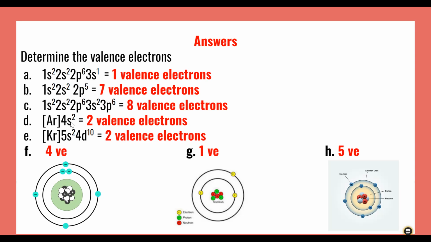Then this one, number 4, that's the highest, so there are 2 valence electrons. Look at this one, 5, 4. This is the highest. So the valence electrons are 2. For this one, the outermost, 1, 2, 3, 4, 4 valence electrons. There's only one valence electron. Here, 1, 2, 3, 4, 5 valence electrons. Hopefully you got it right.